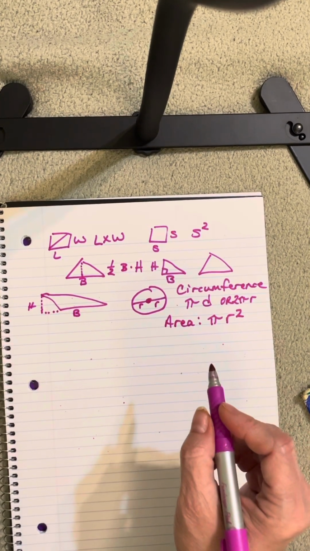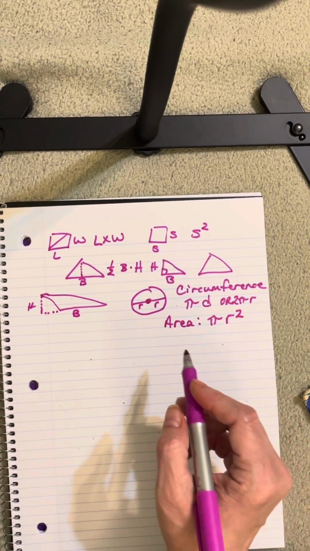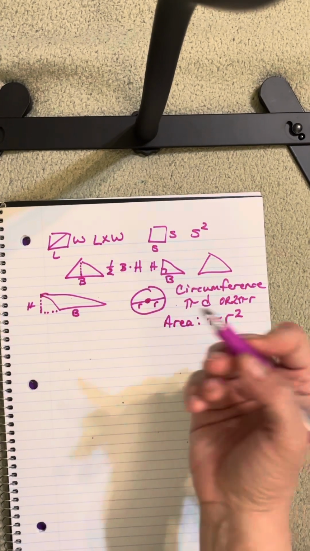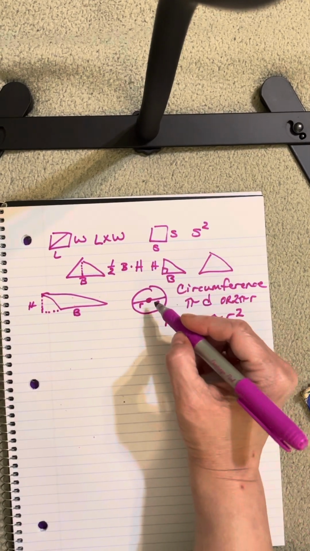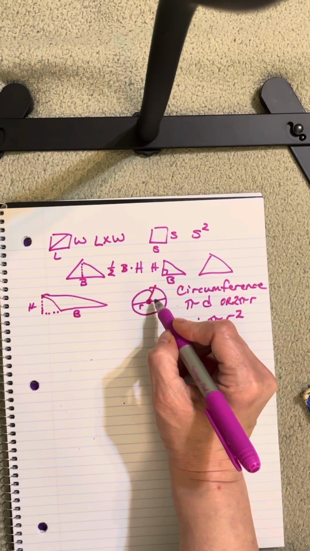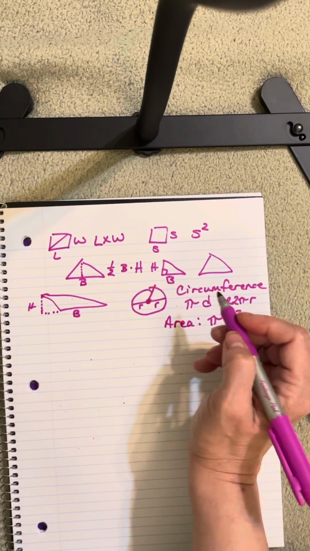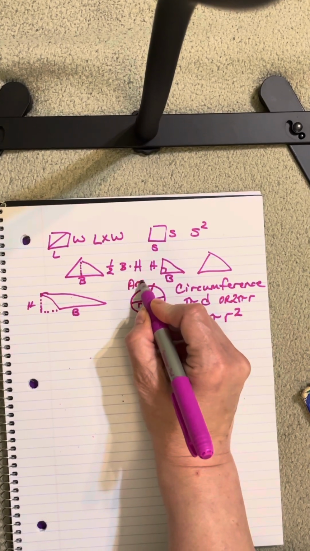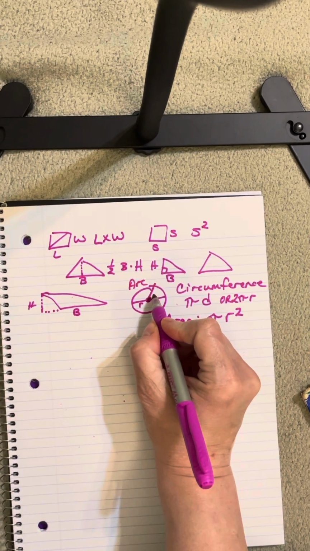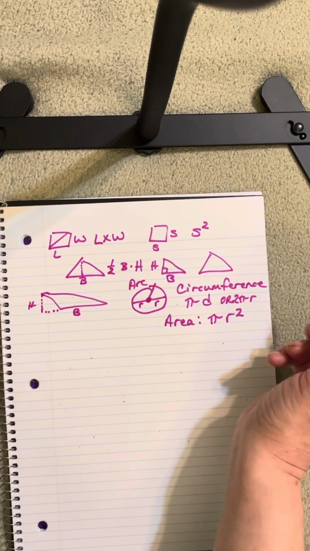All right, now at the very bottom of page 9, they talk about some terms that I have not quite said yet. This dot in the center is the center of the circle. If I create an angle inside, then this piece that I cut of the circumference is called the arc of the circle. And there is the central angle, which is the measurement of whatever angle is in or close to the center.